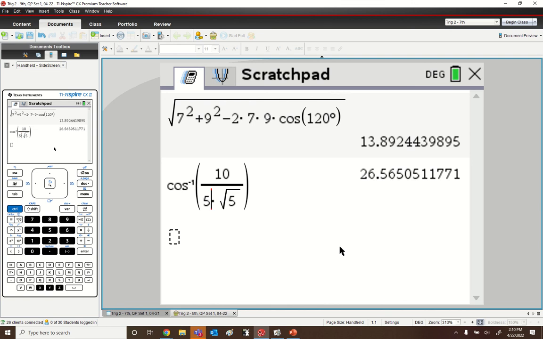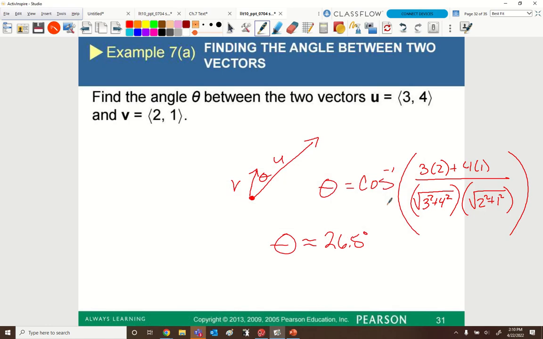Because you didn't take the square root of the second one. The first one is the square root of 25, so I just put 5 there, and then this one came out to be the square root of 5, because 2 squared is 4, plus 1 squared is 1, so you get 5. I just simplified it so I don't have to write it all out. But yeah, 26.6.